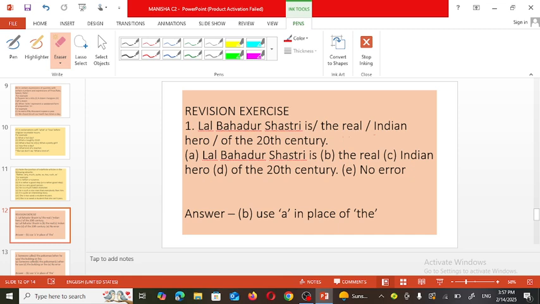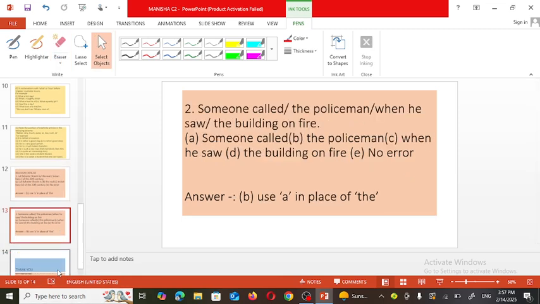Okay, let's see the next example. Someone called the policeman when he saw the building on fire. Again, see here, two places use article the: the policeman and the building on fire.